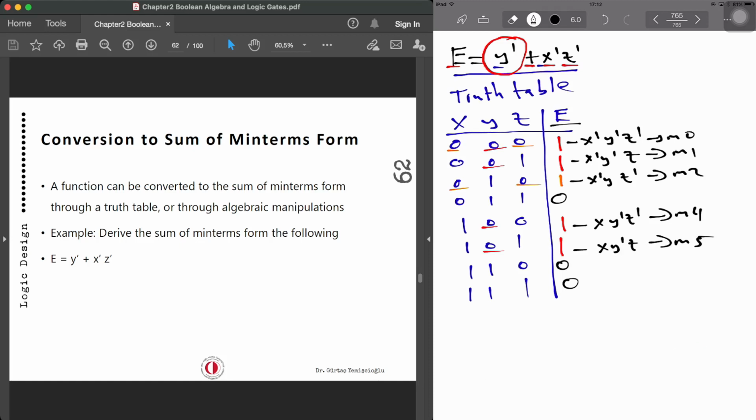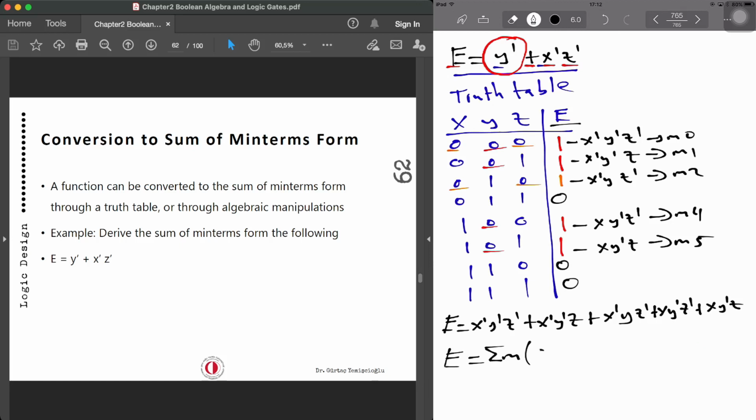So now we can see that we have got all the min terms required for function E. I can rewrite function E with these min terms as x prime y prime z prime, or x prime y prime z, or x prime y z prime, or x y prime z prime, or x y prime z. And I can also say E has the sum of the min terms 0, 1, 2, 4, and 5. So this is the truth table method of finding all the min terms for that function.